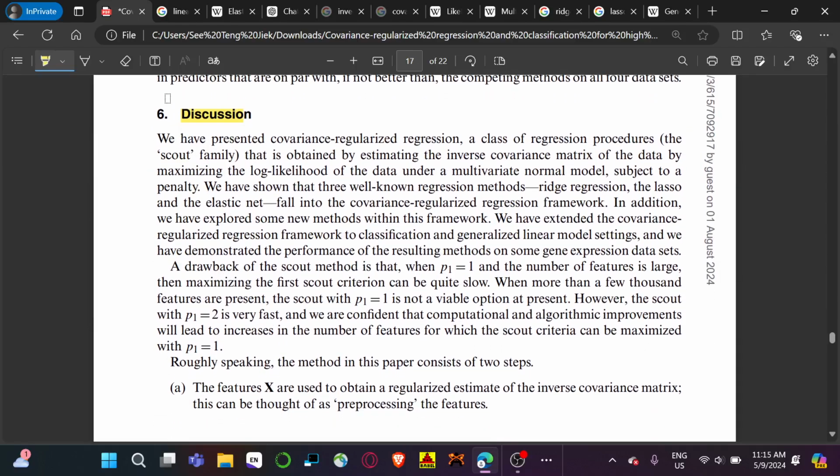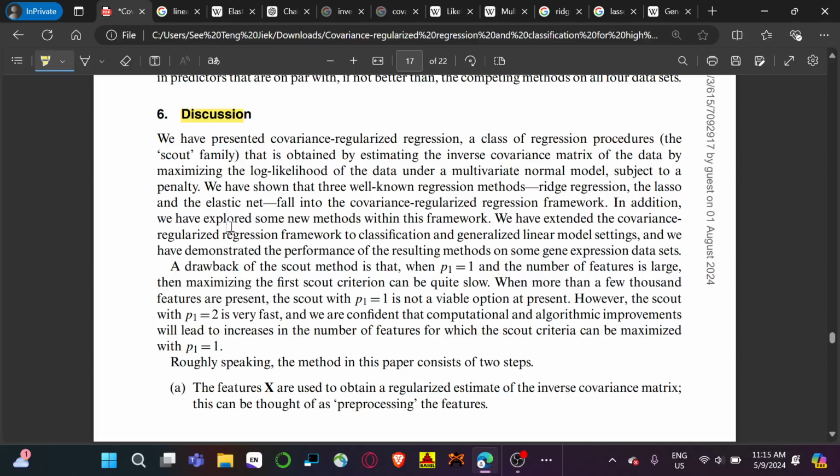So, discussion. We have presented covariance-regularized regression, basically Scout, that is obtained by estimating the inverse covariance matrix of the data by maximizing the likelihood. They show that ridge, lasso, and elastic net regression belong to Scout essentially.